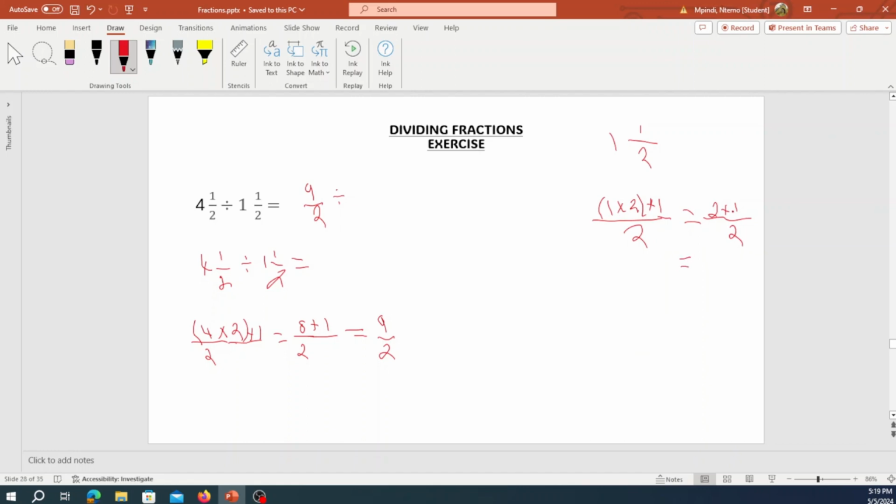So 2 plus 1 equal 3, and then this 2, this is the 1. So here we're gonna go with 3 and 2. So we're not done yet.